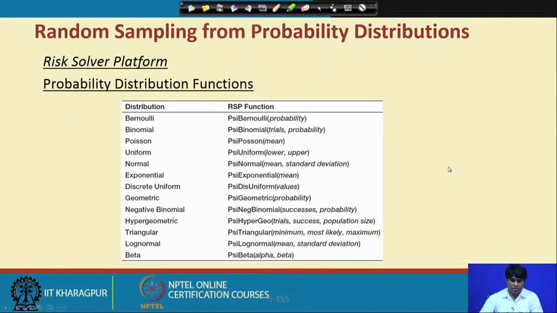So, these are all various structures about sampling and sampling distribution, and that connects with some kind of probability distribution.